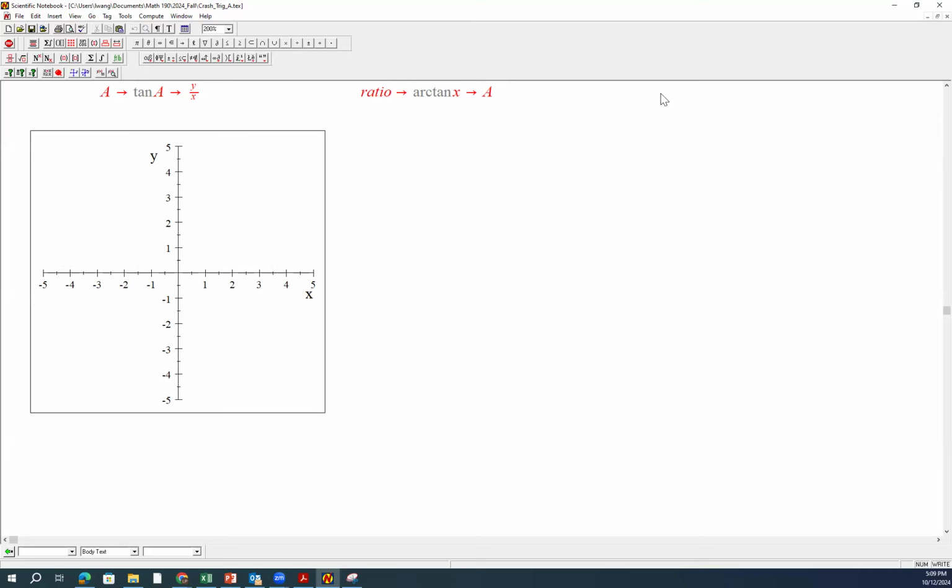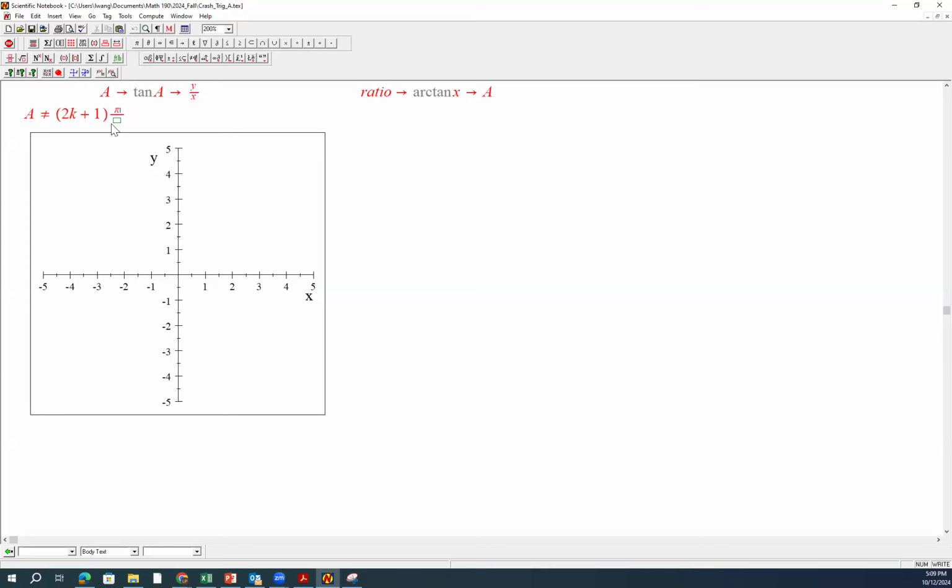We have to mention the domain and range for arctangent. We're going to talk about why later. The domain for tangent is any real number except odd multiples of pi over 2. But the range of tangent is all real numbers.